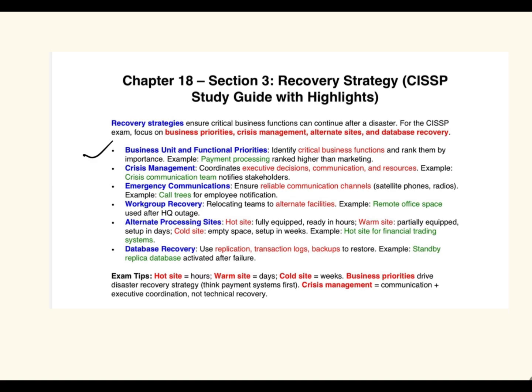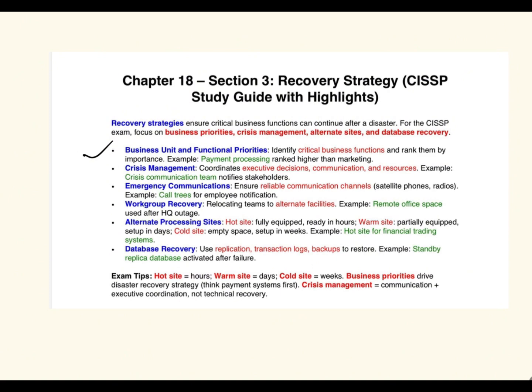So if we rank all those critical functions, then we can also recover them accordingly. The order will be very important: in which order we need to recover them.